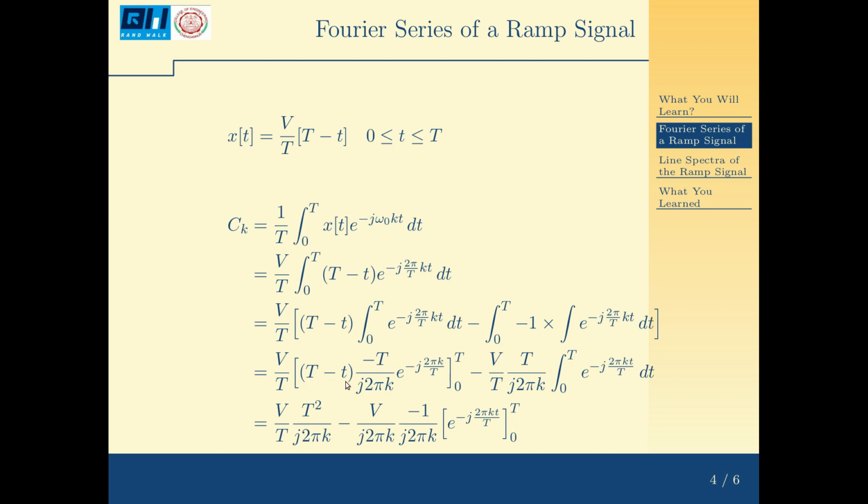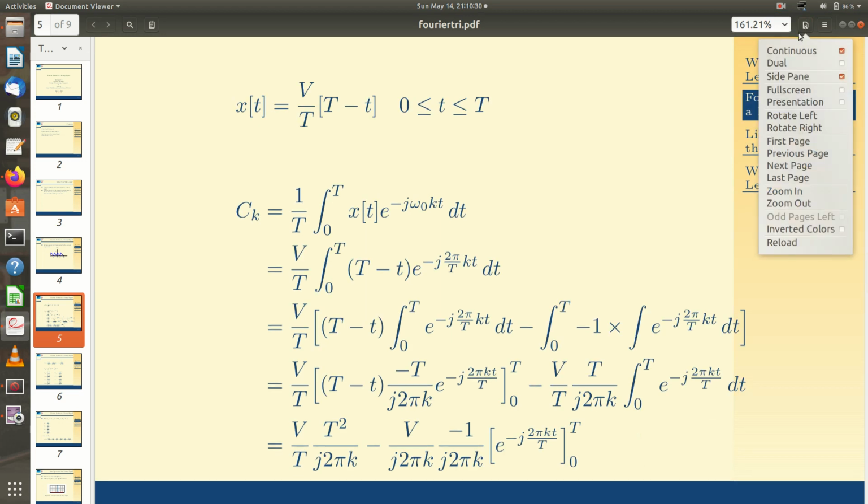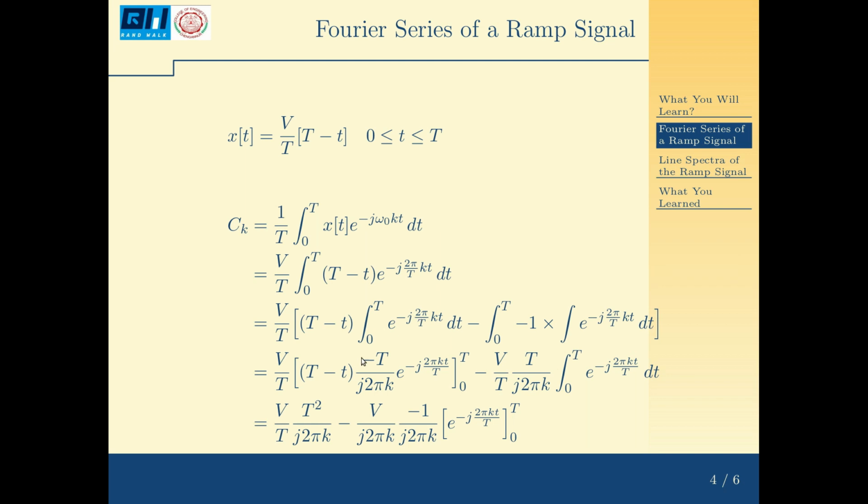Then if I apply the lower limit, if I put small t equal to 0 here, this becomes e raised to j0, that is 1. So here with t equal to 0, I have a T squared by, and then the negative sign will appear because this is the lower limit, t equal to 0 is the lower limit.